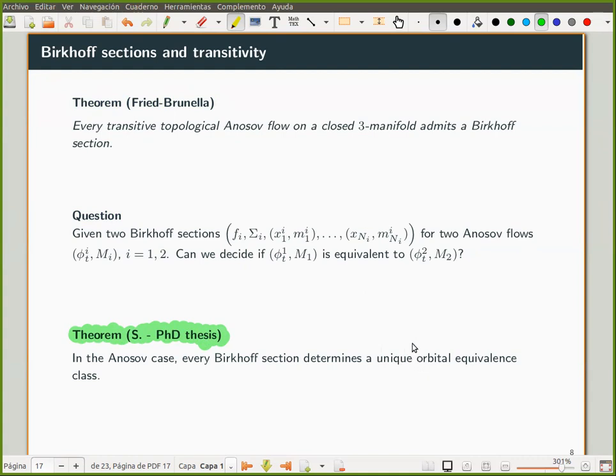Okay, the orbital equivalence class of the flow associated with each Birkhoff section is uniquely determined. This theorem is a very natural theorem, but the proof is not so direct. There are some technical issues related with the proof of this theorem, but we can count on this as something that is true.